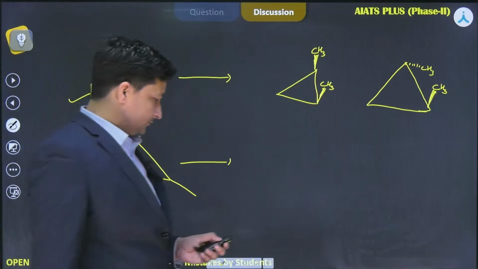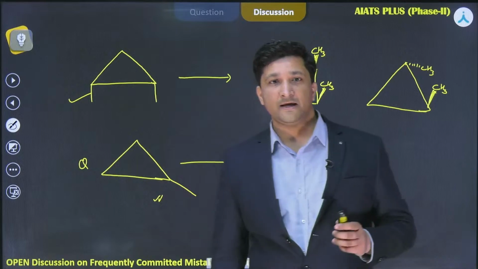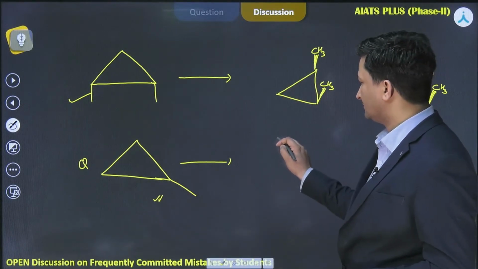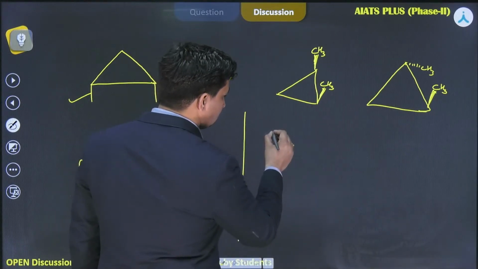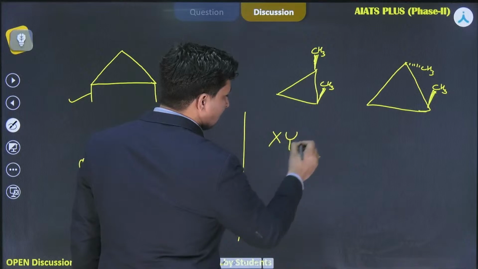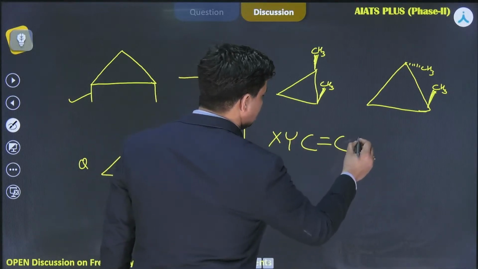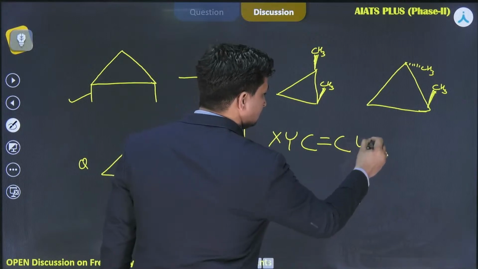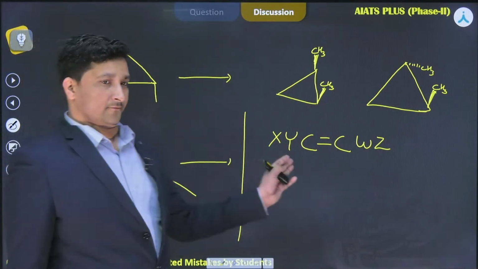If you read your NCERT, there is one very important statement there, that a compound having XY C double bond C WZ will show geometrical isomers.